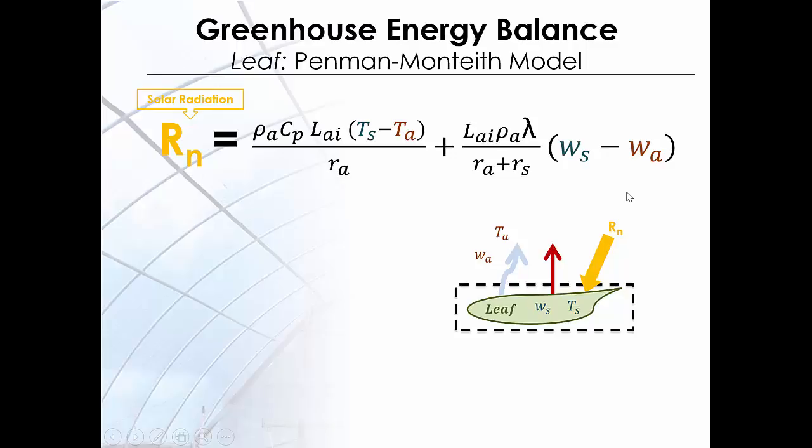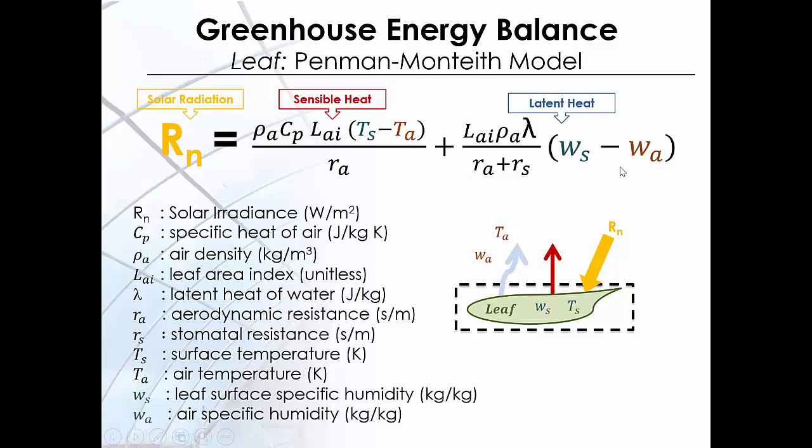Our final equation for the energy balance on the leaf surface is summarized in this equation, with the solar energy term on the left hand side, that is the available energy for the plant, and on the right hand side we have the sensible heat from the plant with related variables, for instance the temperature difference between the leaf surface and the surrounding air, leaf area index, the specific heat of the air and the density of air, as well as the aerodynamic resistance term against the sensible heat, as well as the latent heat component, where we have the surface specific humidity and air specific humidity difference, as well as the aerodynamic and stomatal resistance component, leaf area index, the density of the air, and the latent heat of water.